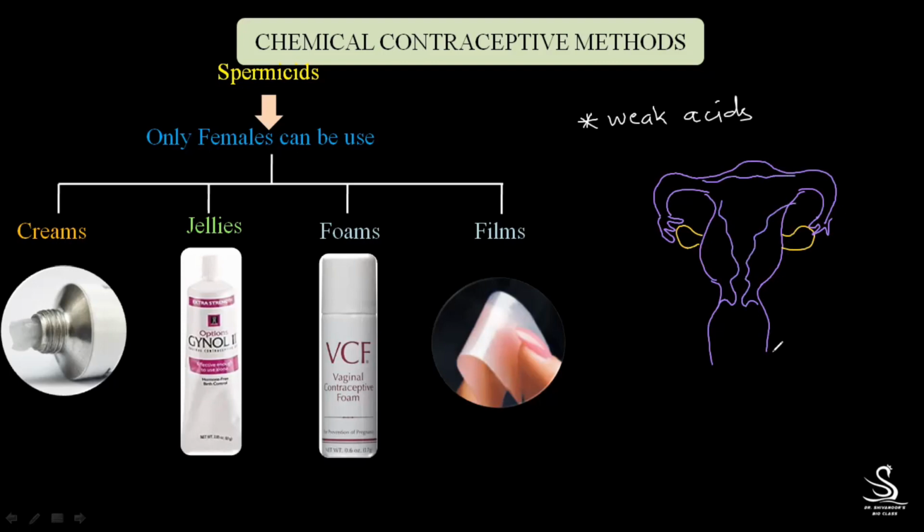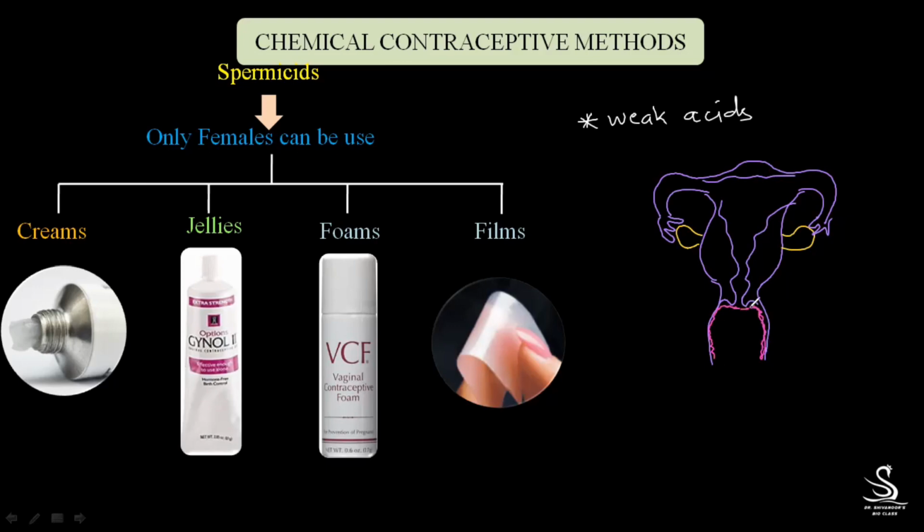Students, those who are users, if they want to use these chemicals, what do they need to do? Simply, they have to clean their finger and take just 1 or 2 drops of that cream, jelly, or foam, and apply it on the inner side of the vagina. This is the way they have to apply it.